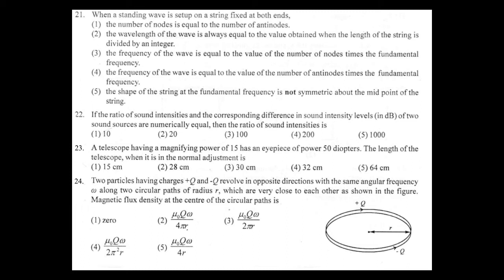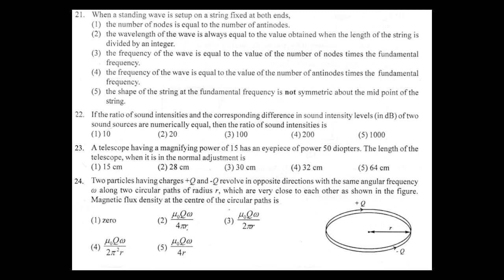To get the answer for this question, we consider the given answers one by one. First, we take the first answer. It is 10. That is, I1 over I2 is 10.